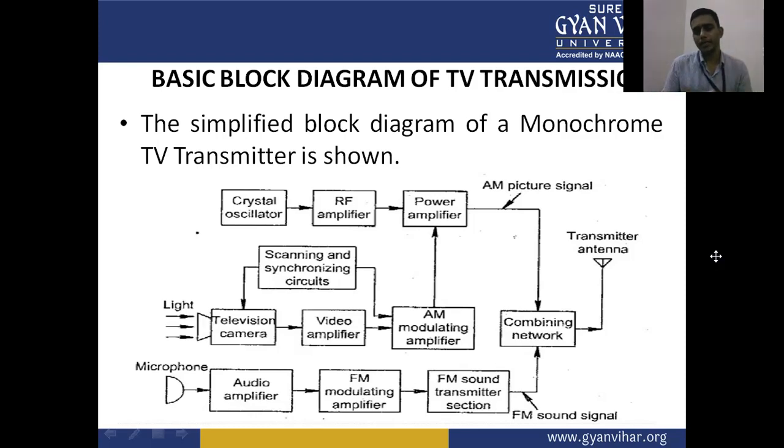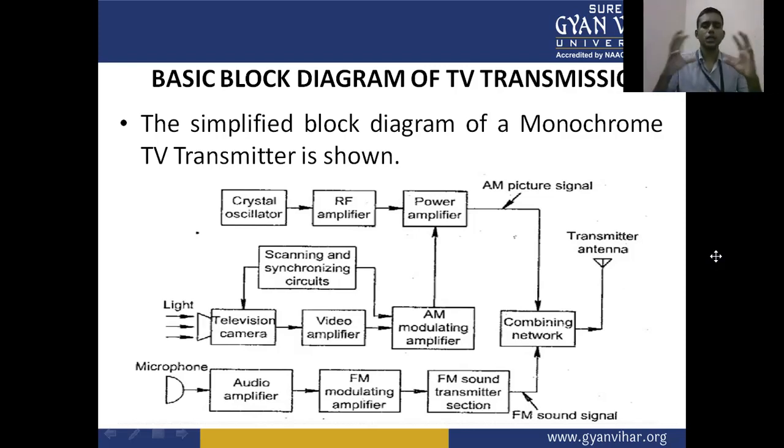In the combining network, both the amplitude modulated picture signal and the FM sound signal are combined. The combining section produces a combined output, that is the picture with the sound, and the transmitter antenna transmits this signal into the air as radio waves or electromagnetic waves.